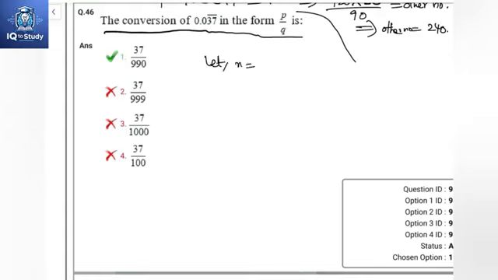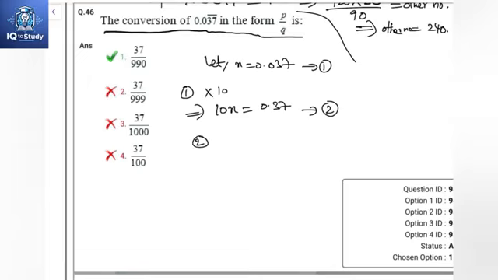Let X is equal to 0.037. Multiply by 10 in equation 1, which is equal to 10x is equal to 0.37. Let it be equation 2.